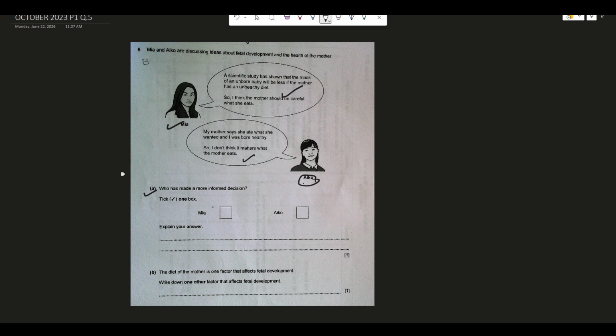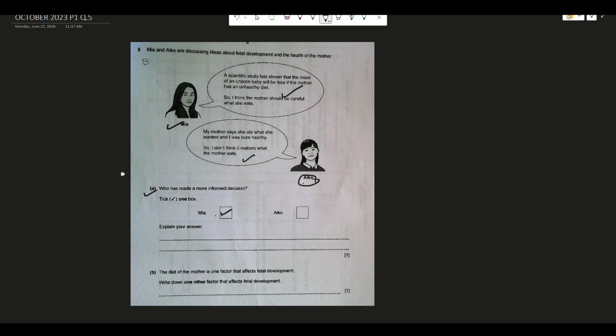And I think Mia's statement has to be the informed one, because she is saying that a scientific study has shown something. So Mia will get a tick mark in this box, because this indicates that Mia's statement is the more informed decision.